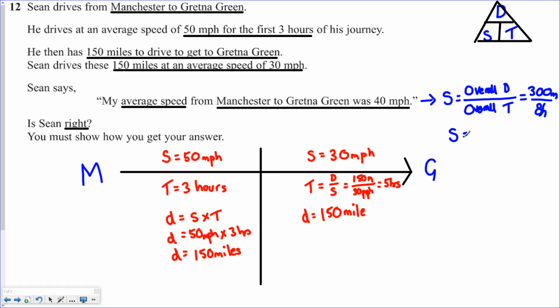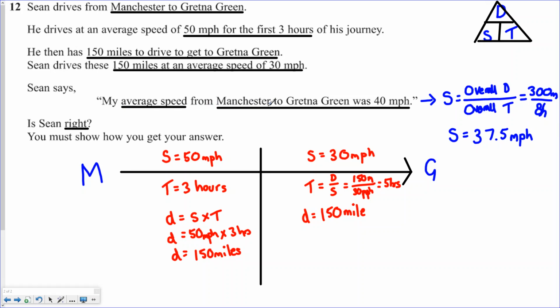So 300 divided by 8. If I half it, I get 150. If I half it again, I get 75. And if I half it again, I get 37.5. Now the units are miles divided by hours, so it's going to be miles per hour.